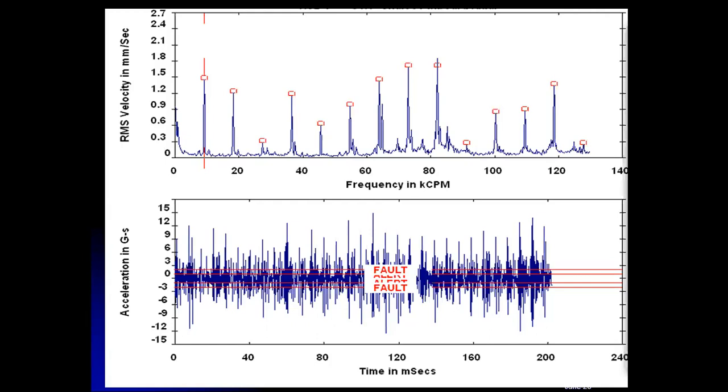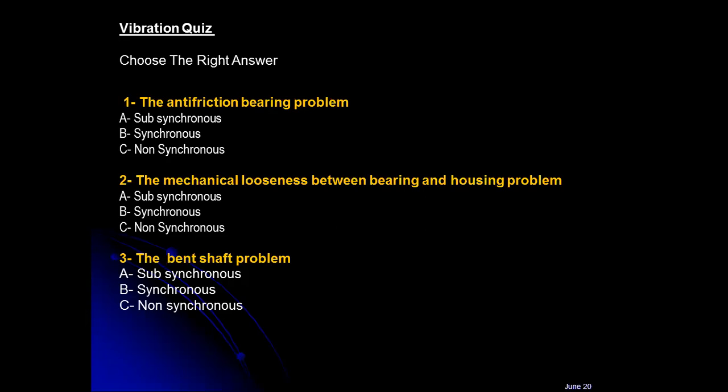When we capture this spectrum, 100%, this is anti-friction bearing defect. You understand? This is the introduction, and tomorrow, inshallah, we will explain one by one how to detect or analyze the vibration for imbalance, misalignment, bent shaft, eccentricity, and soft foot, and so on.